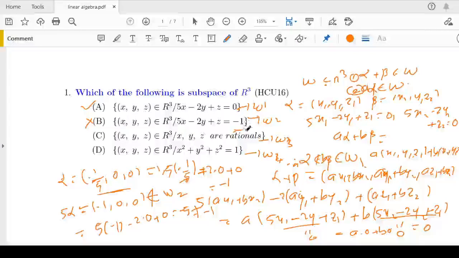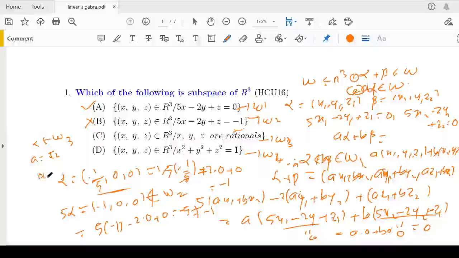Similarly, W3 is the set of (x, y, z) belonging to R cube such that x, y, z belong to the rationals. Assume that alpha belongs to W3 and take the scalar a equal to root 2.